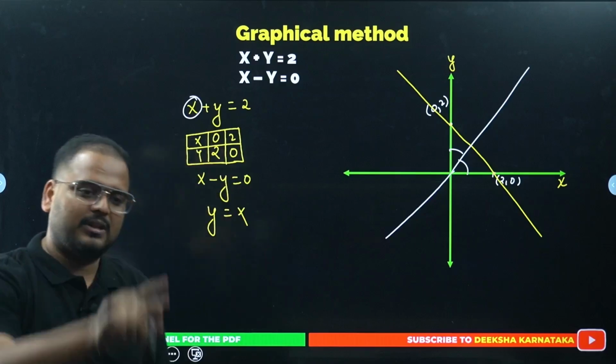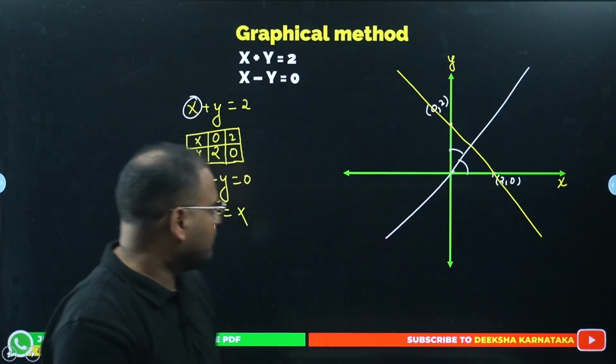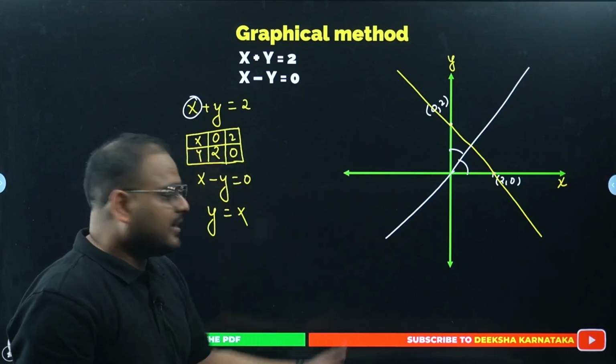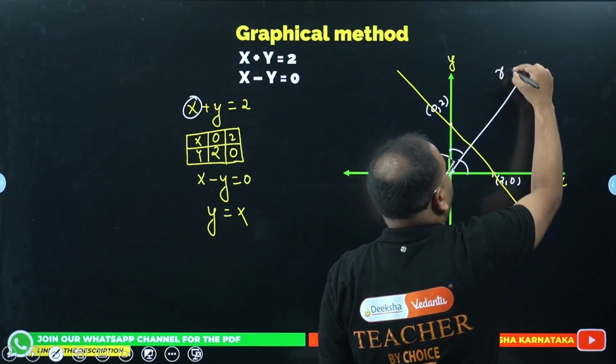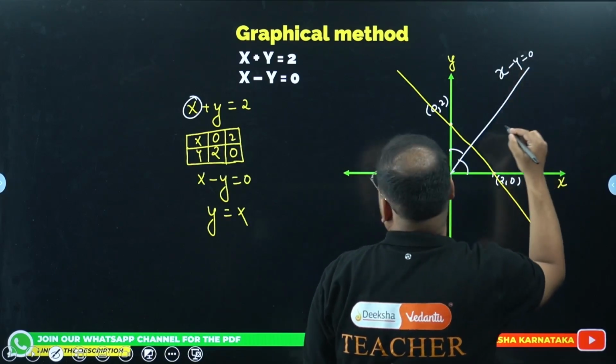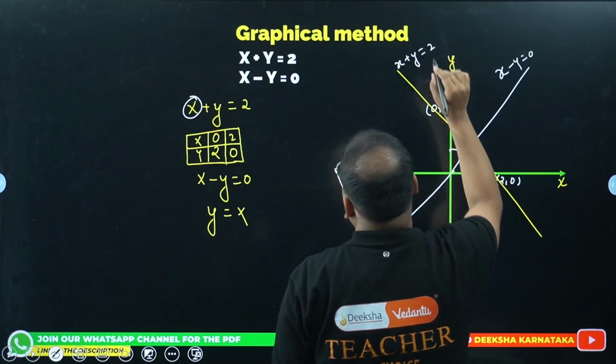How inclined? That's for you to learn in coming years, or you can learn in trigonometry also. For now, we can say this is the graph of what? Let me write the equations. x minus y equal to 0, and this is the graph of x plus y equal to 2.